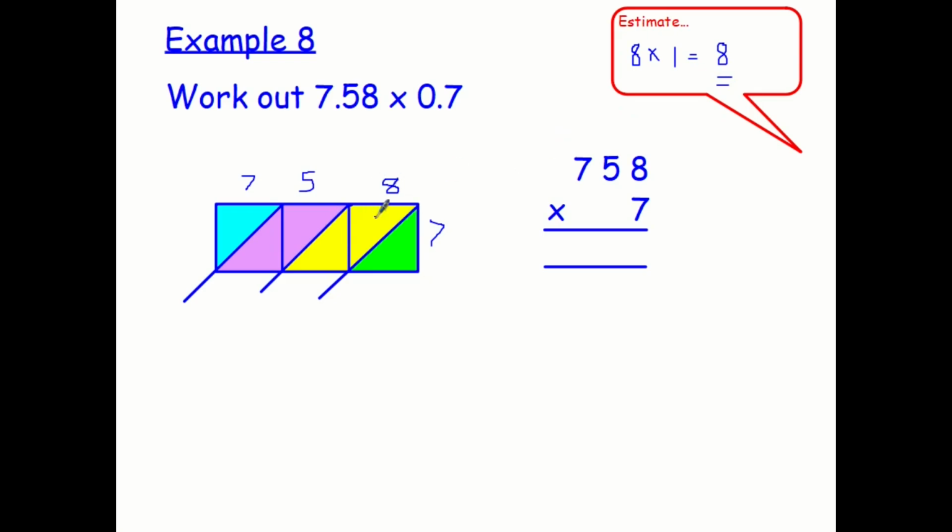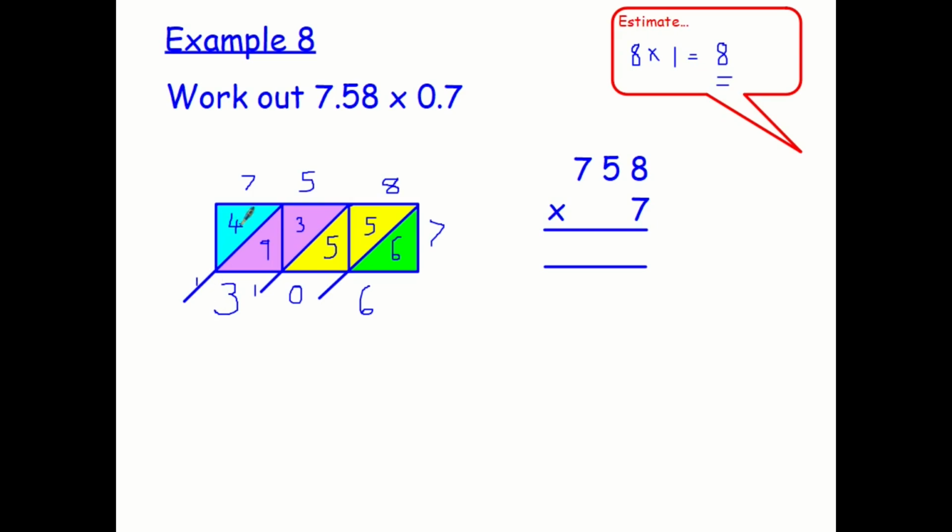8 times 7 is 56. 5 times 7 is 35. 7 times 7 is 49. Adding along the greens is 6. Adding along the yellows, 10. Adding on the purples, 9 plus 3 is 12, plus another 1 is 13.